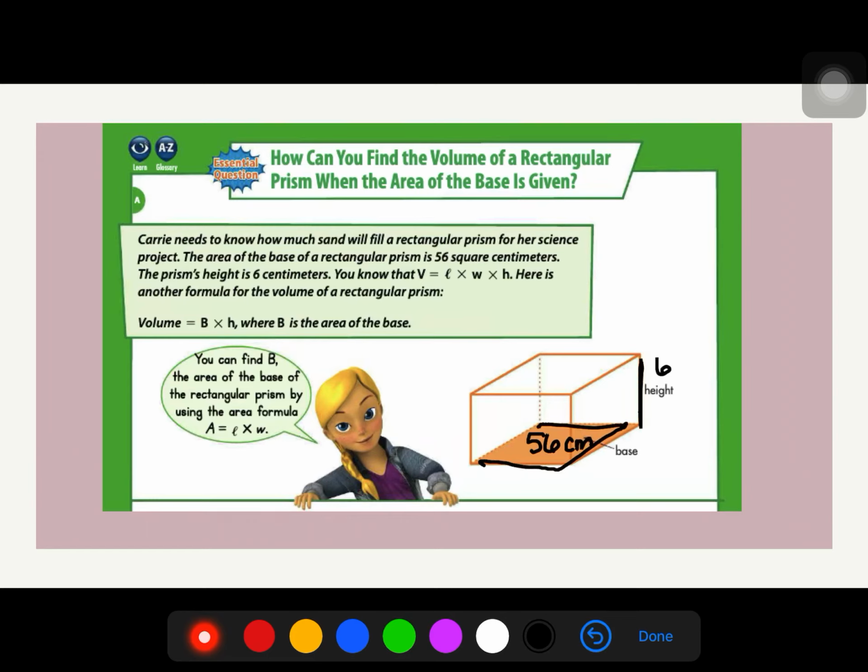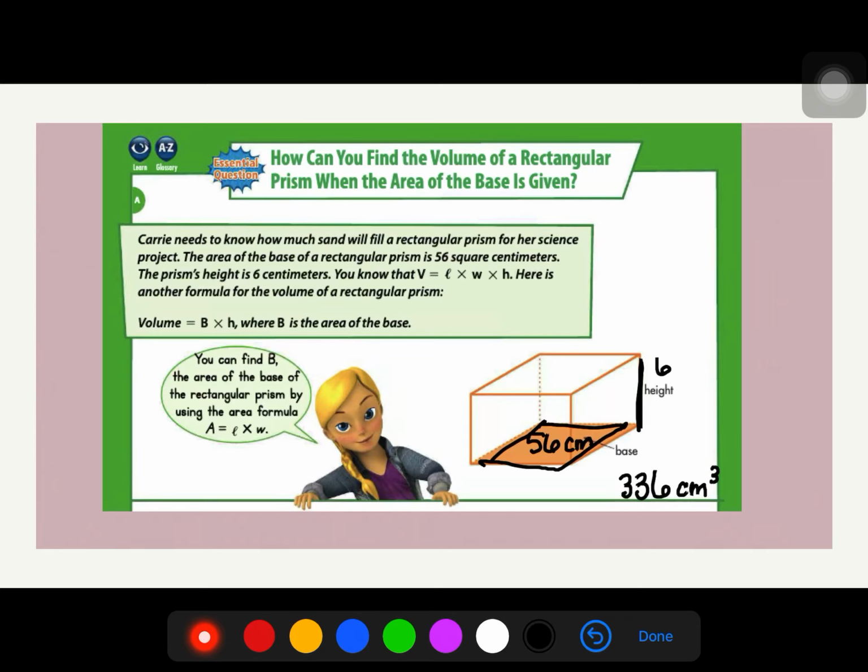If the volume is length times width times height, and I've told you that 56 is the product of the length and width, because it's the area of the base, then my solution will just be whatever 56 times 6 is. When I multiply 56 times 6, I get 336.